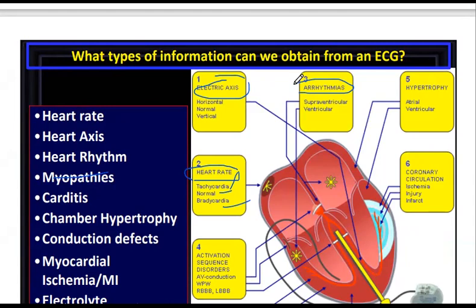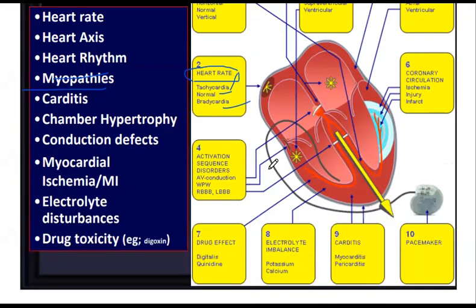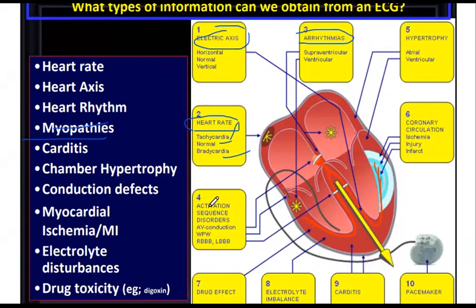We know that. Myopathies, maybe disorders of the heart, carditis, any heart problem, any inflammation in the heart, or any chamber problems. We have four chambers. Chamber problems, conduction defects, or any SA node, AV node defect.